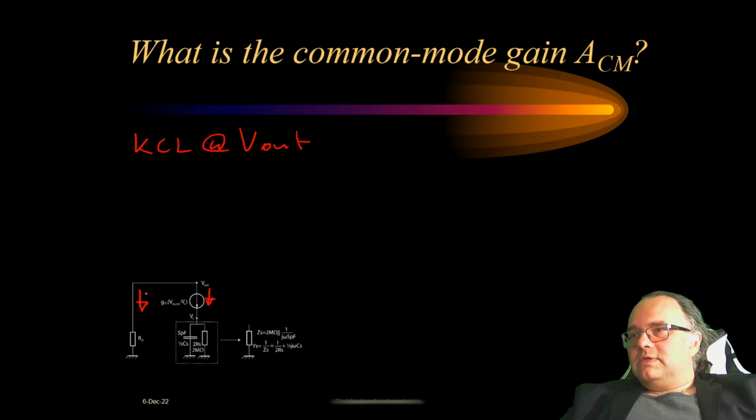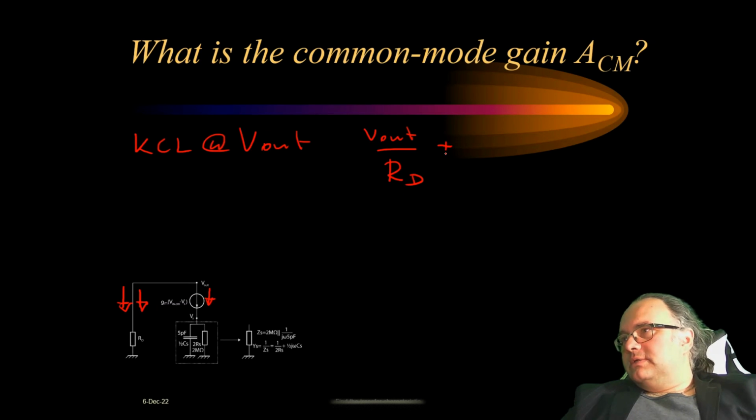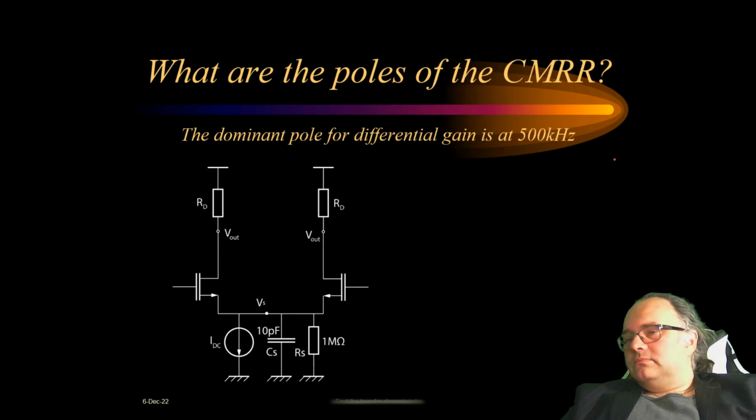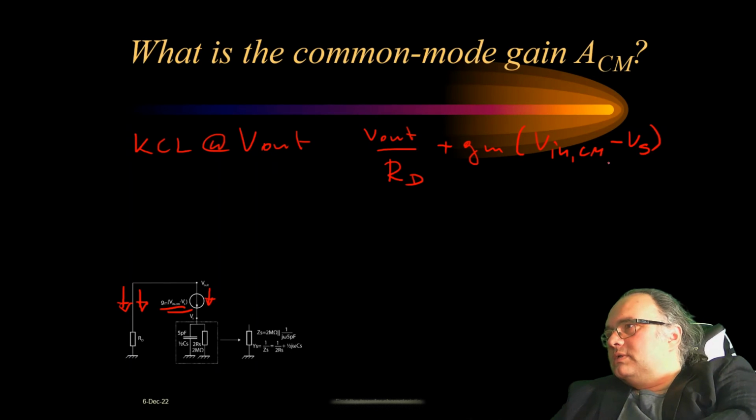This current here is simply V out divided by RD, plus this current, which is of course GM times V in common mode minus Vs, and the sum is equal to 0.